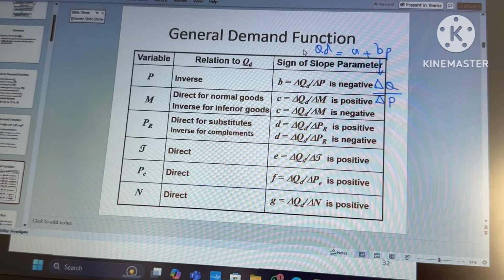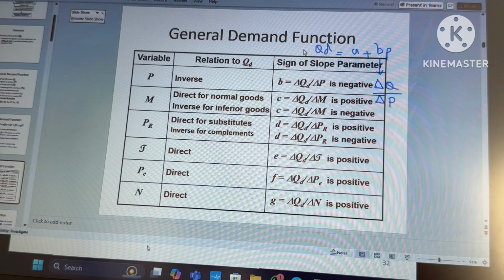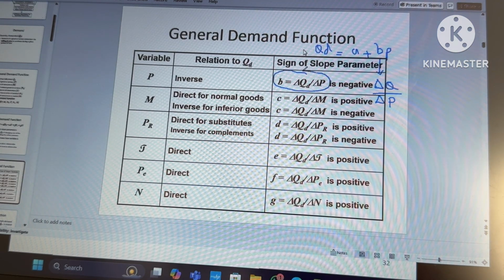See? Now do you remember this one? Yes, no answer please. Are you there? Hello. Everyone stunned. Yes, sir. Why did you get late in answering? Okay. So B is delta Q divided by delta P. Right? The same thing I wrote there. That's it.